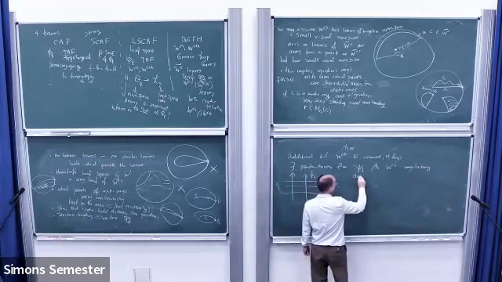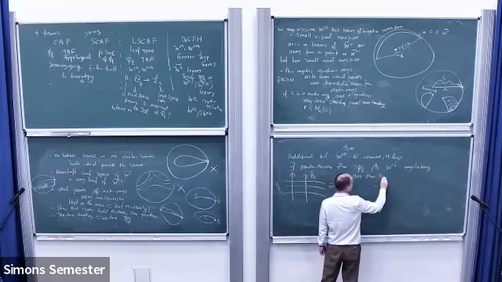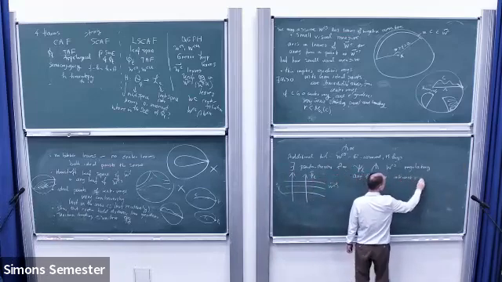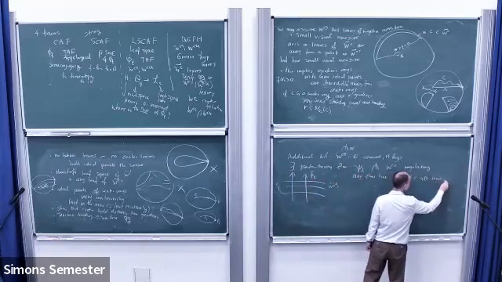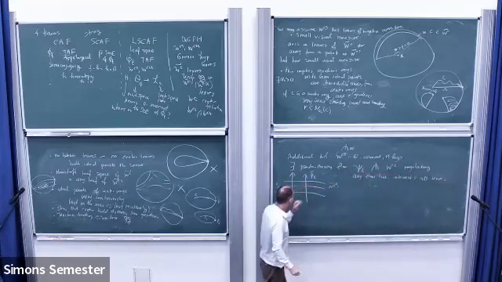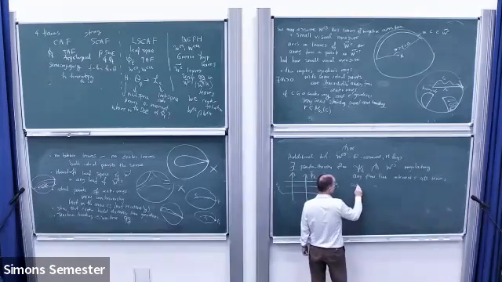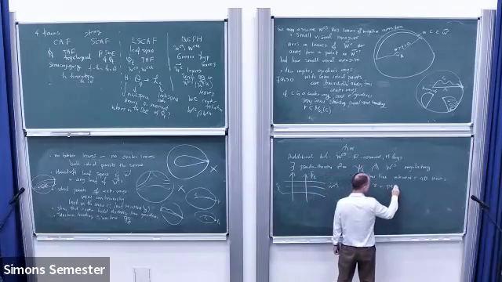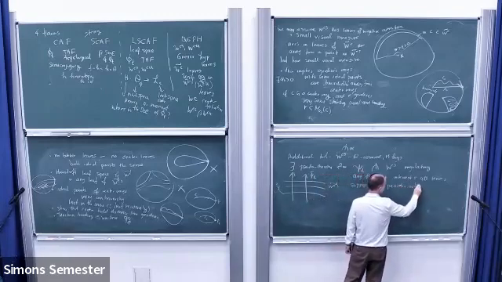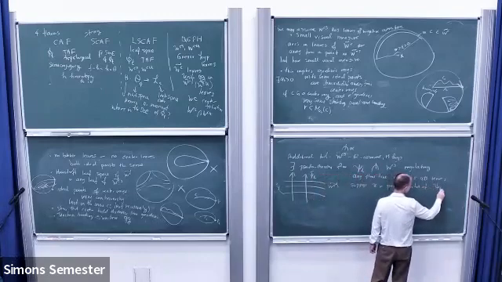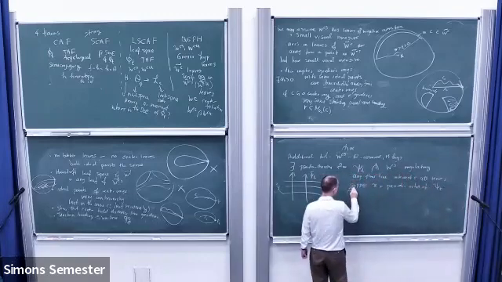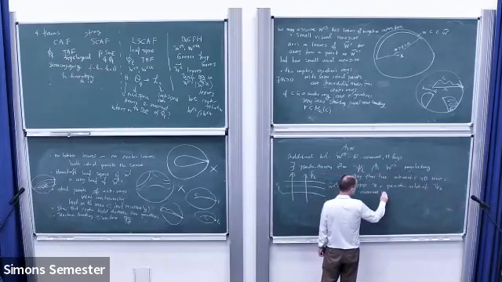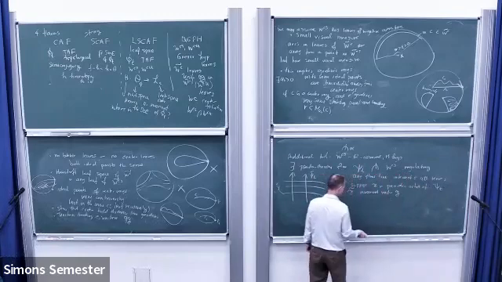So any flow line intersects all these leaves. So topologically, you start to see a product. Now the thing that I use is that suppose gamma is a periodic orbit of this flow, gamma tilde the lift in the cover, and invariant under a deck translation.